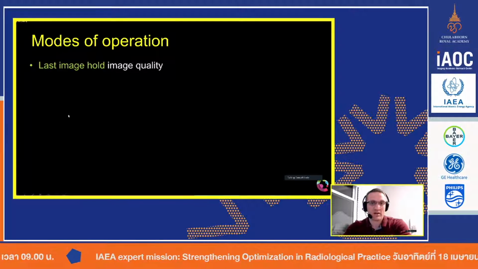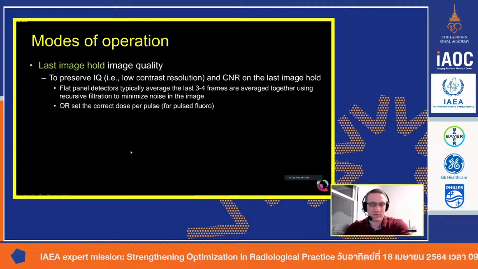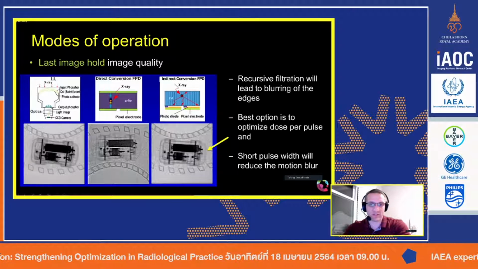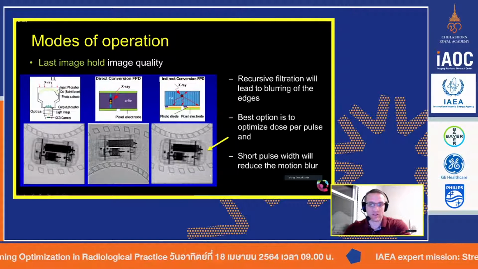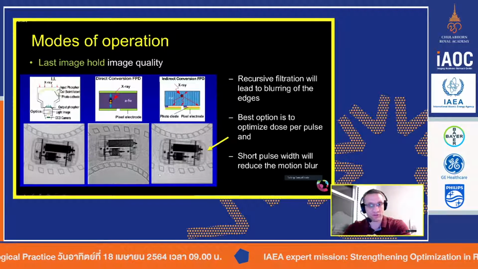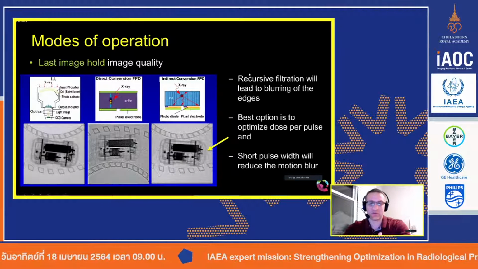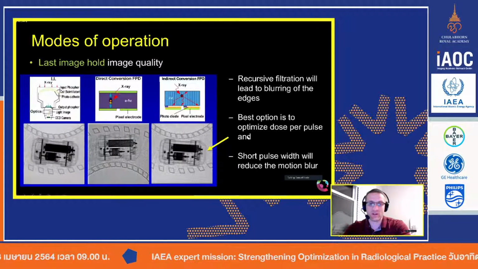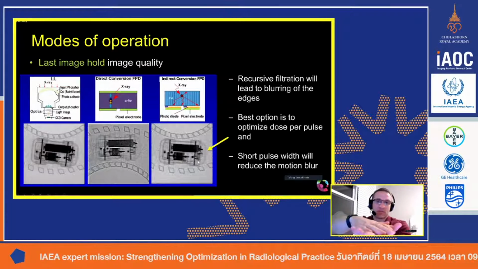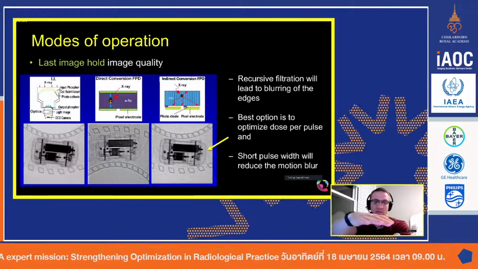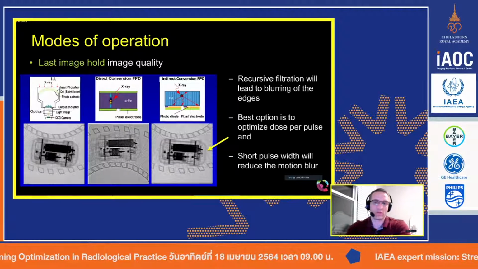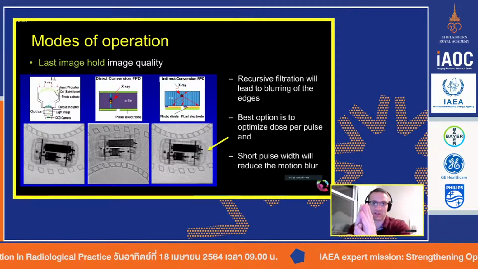All right. And then this is an example. There it is, right there. Sorry, this is what I'm trying to get to. So last image hold, you can kind of see here. There are different ways to make this last image hold look nice. Historically, we did what was called recursive filtration, but that led to this blurring. In other words, the minute you stepped off that pedal, the last image hold was actually an average of 2, maybe 3 or 4 of the last frames just averaged together.